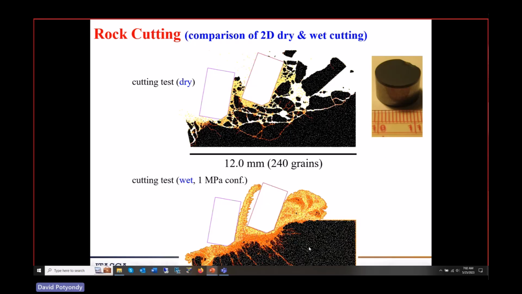Notice, black is the existing cement, yellow are just the particles themselves. And what we get here, of course, is because there's confinement on that surface, these chips that want to form are suppressed. And instead you basically build up this, looks like a snowplow, this broken material that works its way up the faces of the cutters.